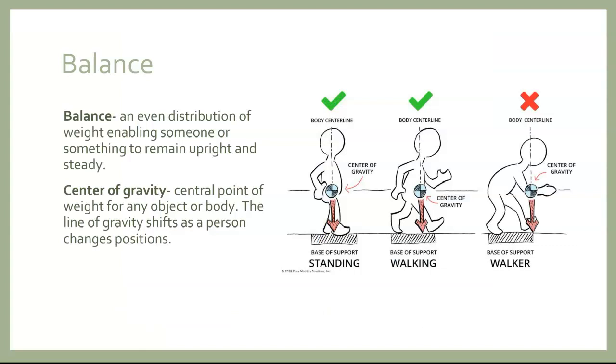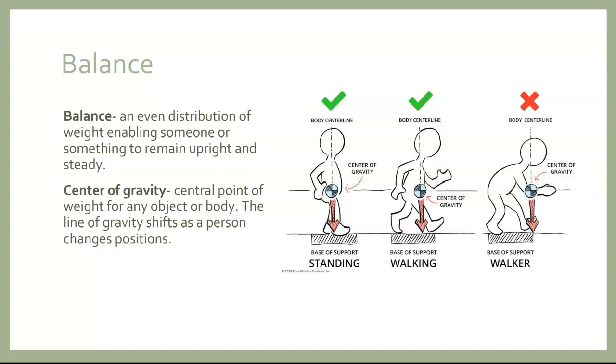So balance, it's an even distribution of weight, enabling someone or something to remain upright and steady. We all have a center of gravity, that's a central point of weight for any object or body. The line of gravity shifts as the person changes positions.